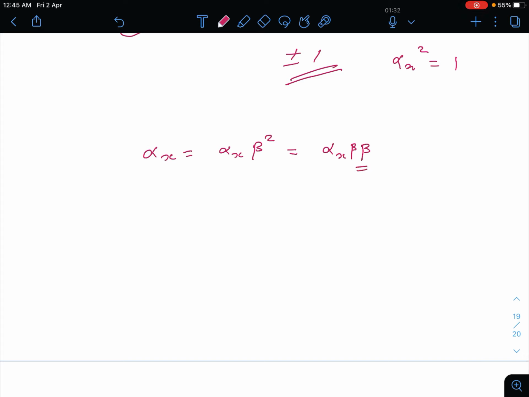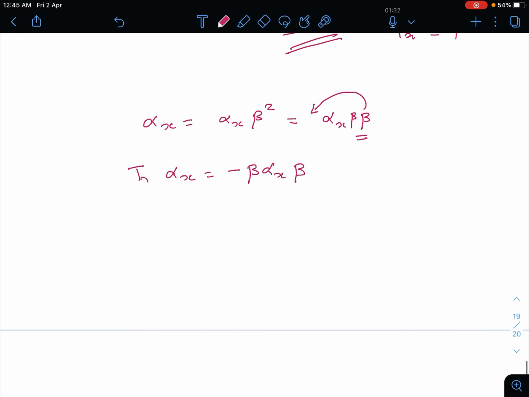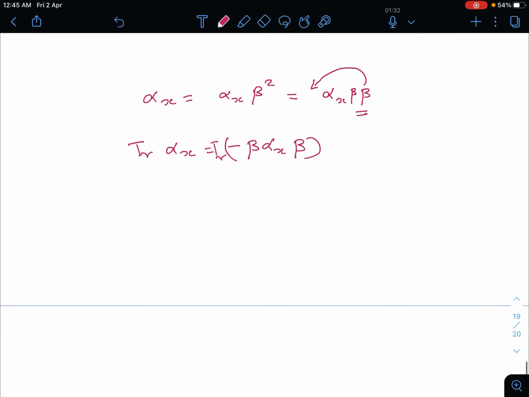Now since β is Hermitian and anti-commutes, I take it to the pre-multiplication point, so that I can write αx equals minus β αx β, no problem. Now the trace of this is equal to the trace of this. You know trace means the sum of diagonal elements.